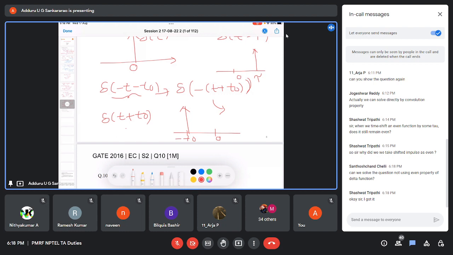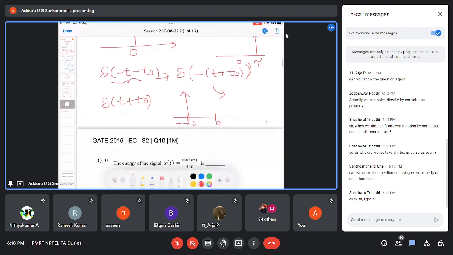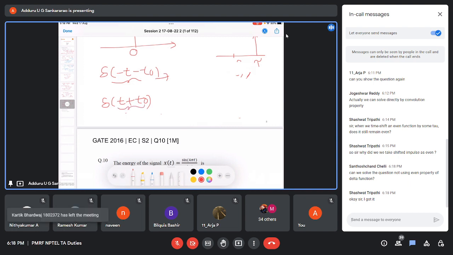See, this is one, sorry, this is equal to 1 when t plus t naught equal to 0. That means when t equal to minus t naught, its value is 1.